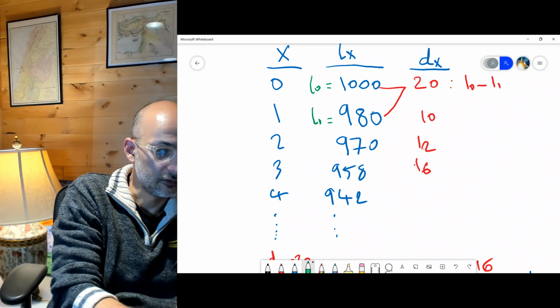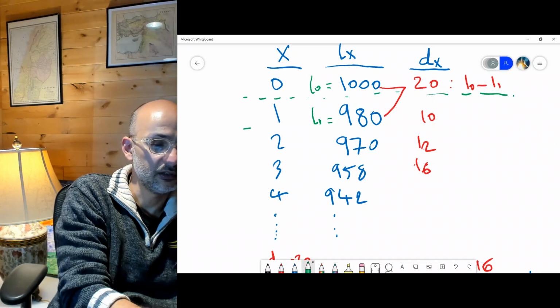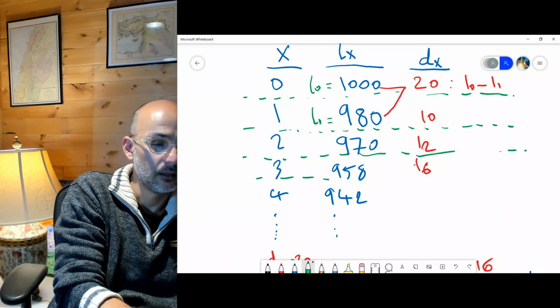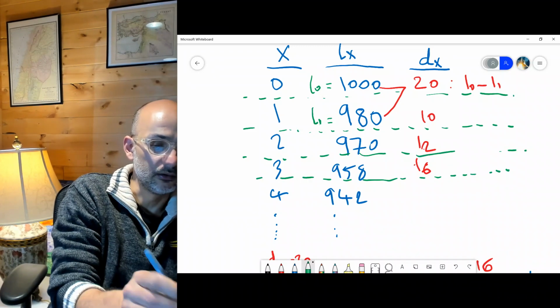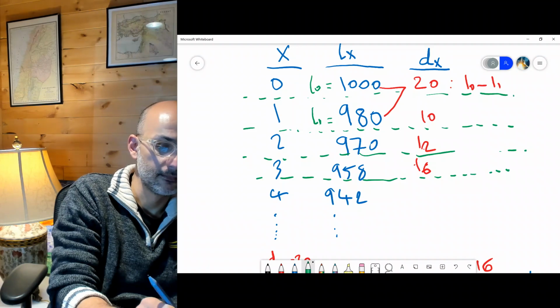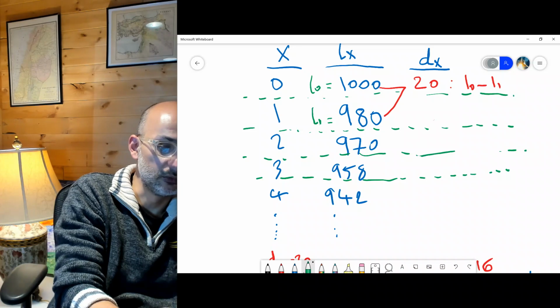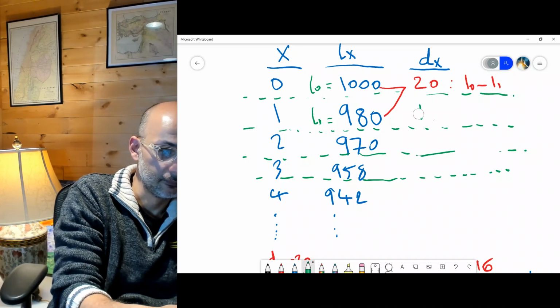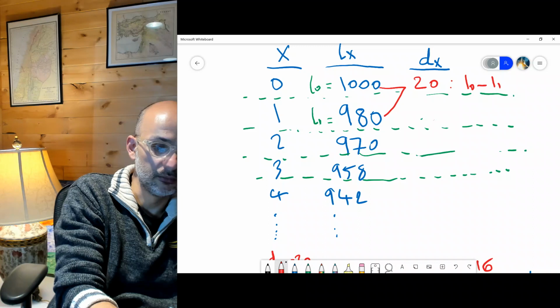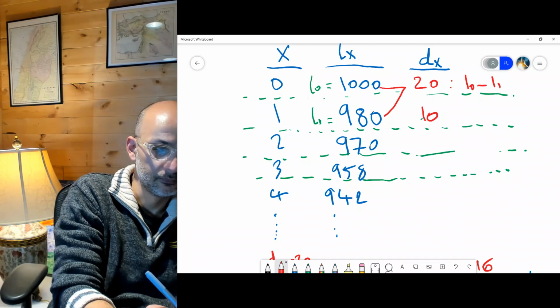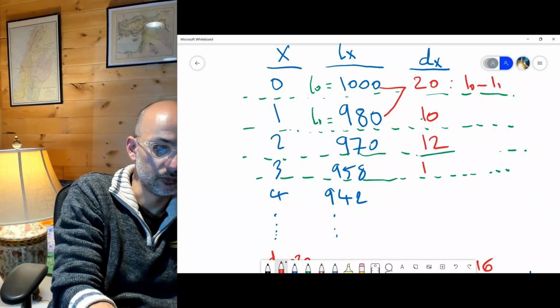Let me draw lines here, just to make sure I'm not mixing things up. This is l, and these are numbers, not l. As I said, this will be 20, this is 10, this will be 12, and this will be 16.